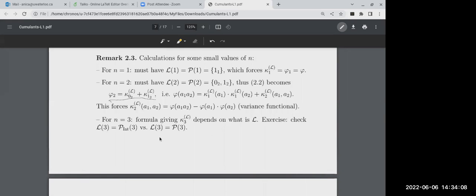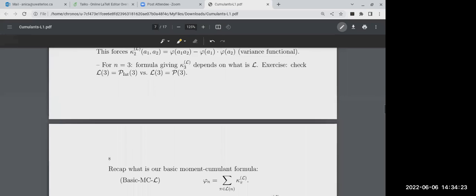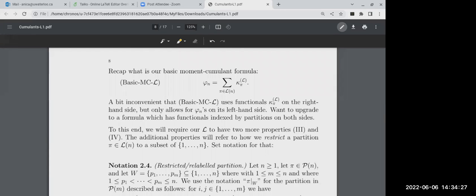For n equals 3, it gets a bit longer, and it depends. If L is intervals, then you get a formula with 4 terms. If L is all the partitions or the non-crossing partitions, it's a formula with 5 terms, so different.